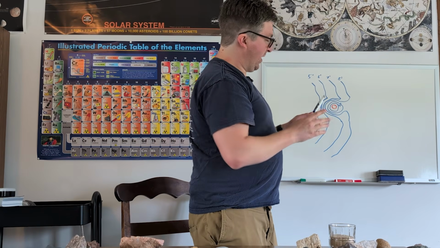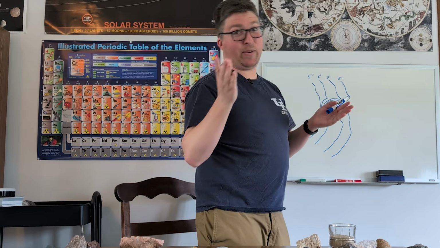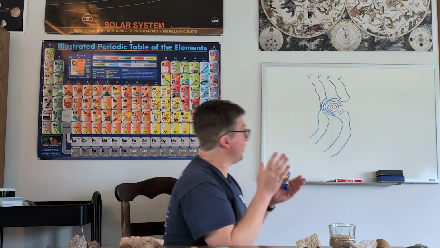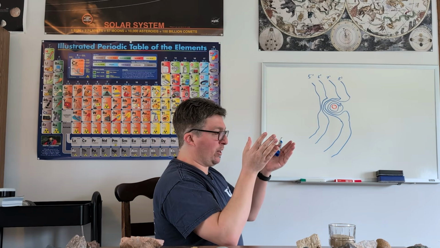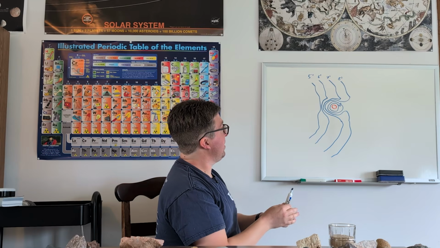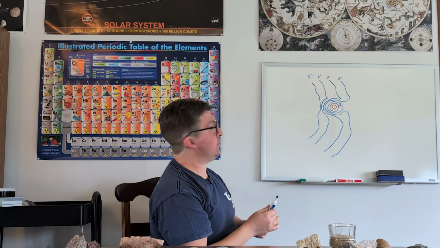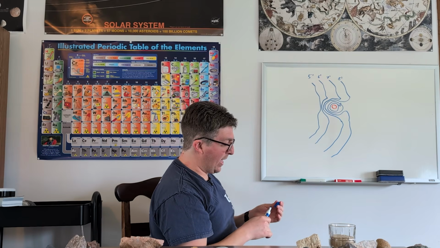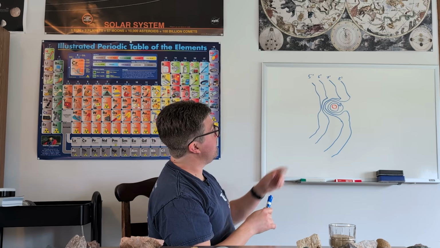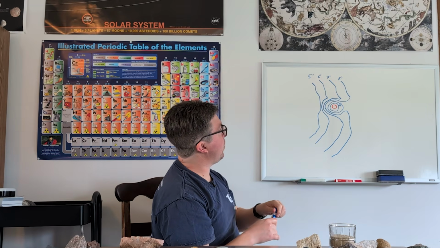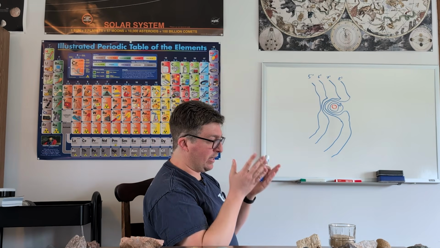So you have this cone, and we actually use that expression, the cone of depression, where the water is being pulled down and removed from the system there. And so a well can significantly change the flow direction of the water and the depth of the water.